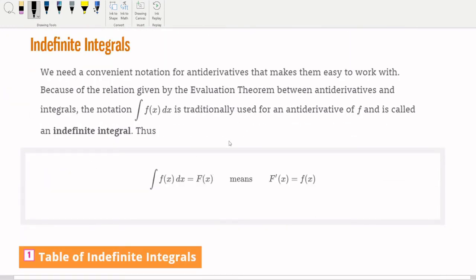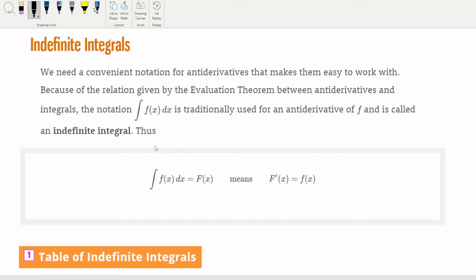So what we're going to do when we do an indefinite integral is we're going to just forget about this a and b, right? And we're going to use this as a way to represent basically just the antiderivative. So when you see this notation with no a and b, you could still think of it as I'm doing area under a curve, right? But I didn't give you the a and b to go in between.